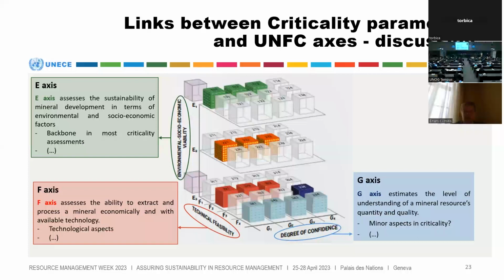Yeah, if you allow me to build a little bit on what you said, it seems to me that it could be a good idea to start using these three axes to suggest this list of critical projects and identify them according to the risk associated with the different aspects that you can identify with UNECE.